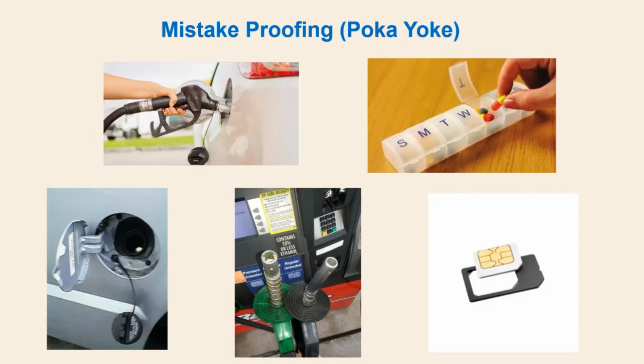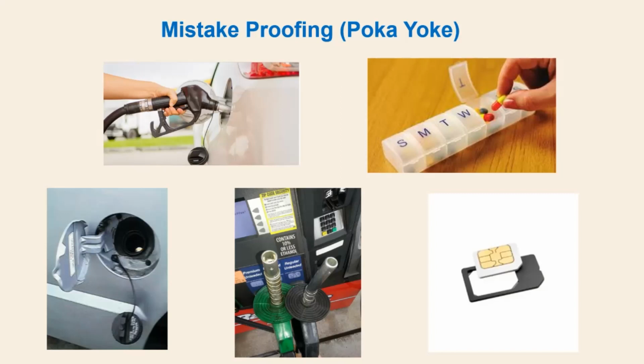What will happen if you don't put the fuel cap on? Then it can catch fire, and it could lead to so many different problems. Right. So in order to prevent that mistake, they have attached that fuel cap to the car.